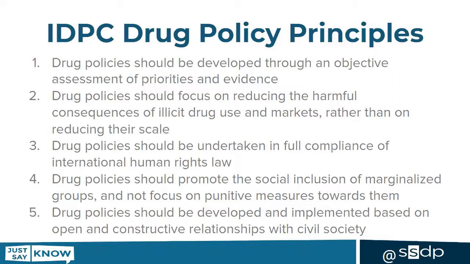Others are considering regulated markets for some substances, so legalizing some substances. Like we've seen prescription heroin in some countries. We've seen, of course, in the US, the legalization of cannabis in various states. So we're seeing this kind of pop up in different countries.